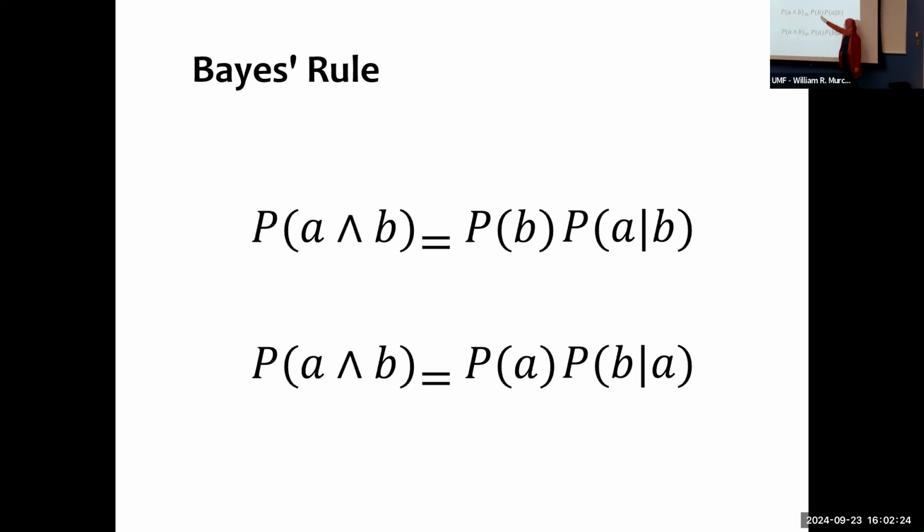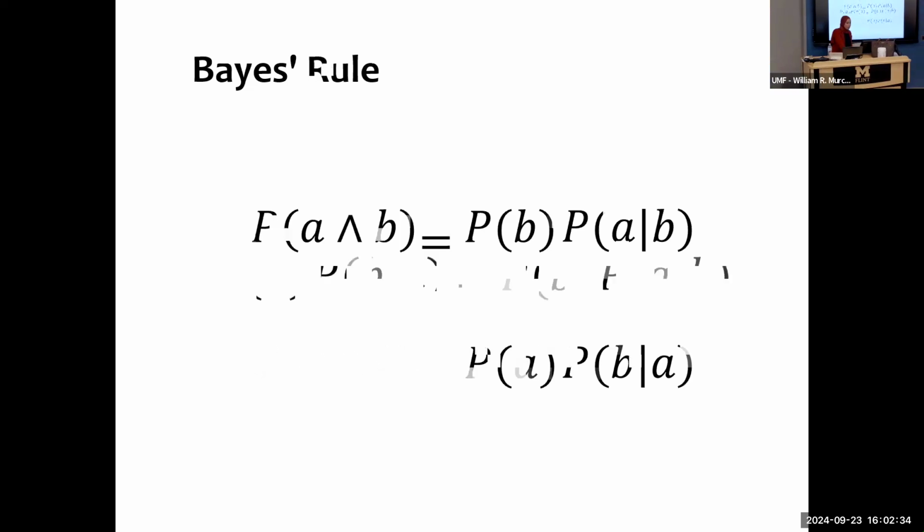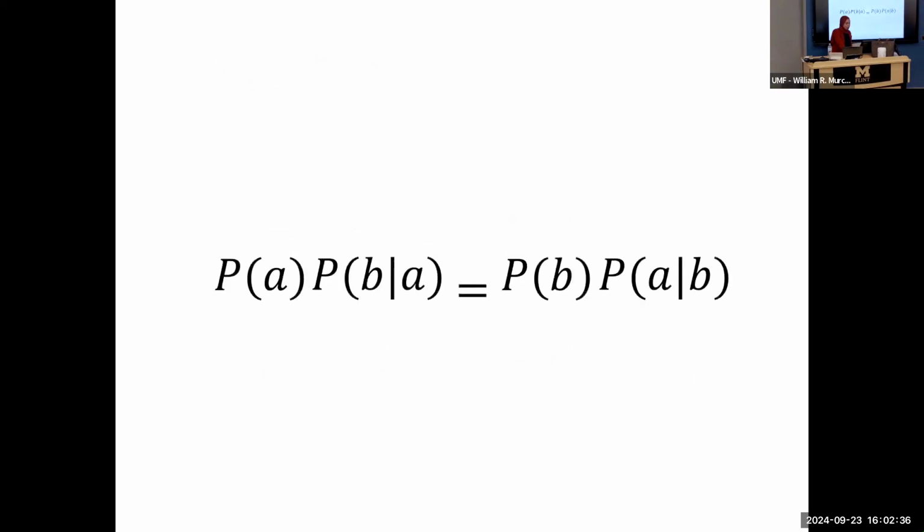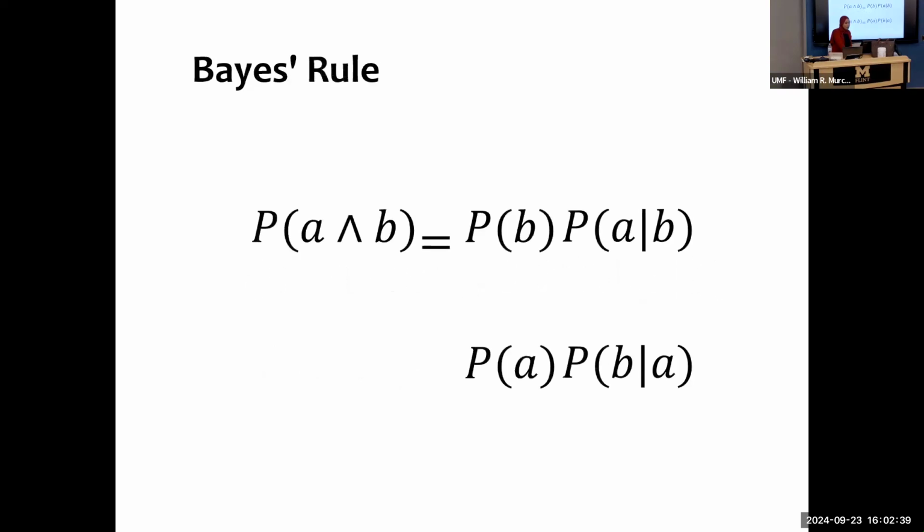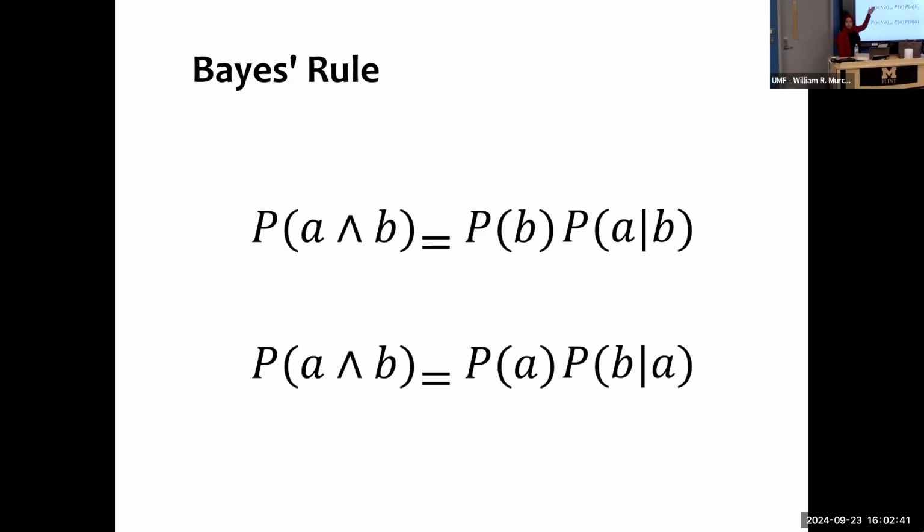So I don't know about the probability of B, I have information about the probability of A. So I will have the probability of A multiplied by the probability of B given A. This takes us to, if I have two expressions that are equal to the same element, from here we can deduce that these two expressions are also equal. So the probability of B multiplied by the probability of A given B is equal to the probability of A multiplied by the probability of B given A.